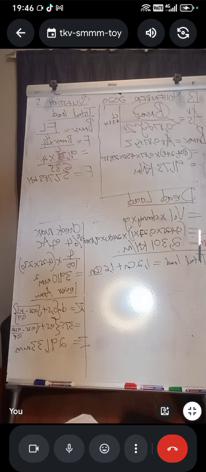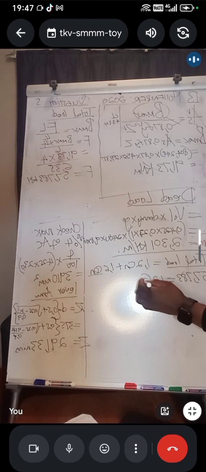Maximum point load. Well, you already have the total. Remember, you already have the total load, eh? Yeah, substitute. 57.783 equals 1.2 Gn, which is 2.30, plus 1.6 Qn.